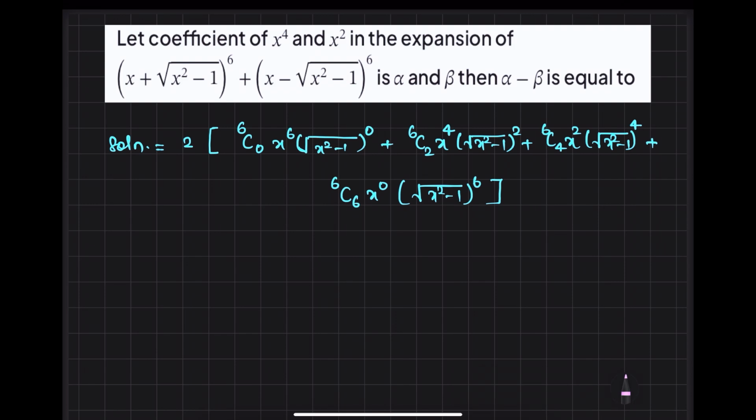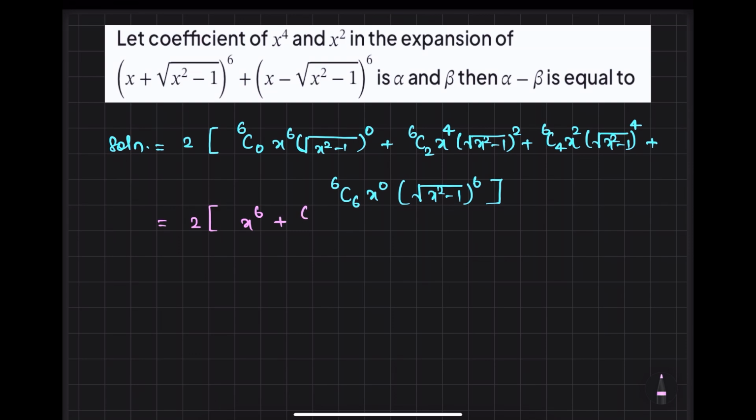Okay, now let's proceed. It is 2 times, you know that 6c0 is 1, and then we will have x power 6 because this power 0 is nothing but 1. Now 6c2, I'll do the calculations later.